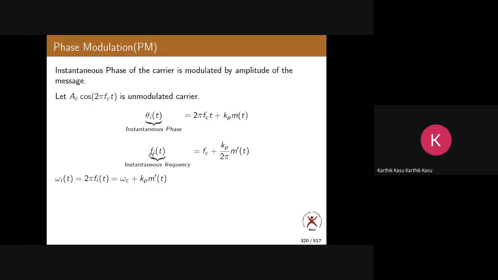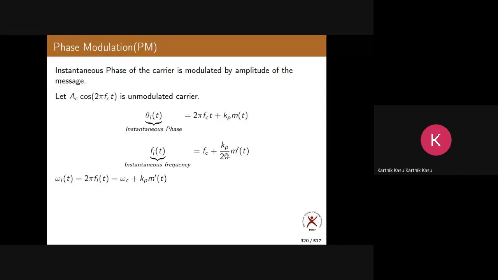Instantaneous phase and instantaneous frequency are related: frequency is nothing but the differentiation of phase. Differentiate this theta i of t with respect to t. What do you get? 2 pi fc plus kp m dash of t. Then divide by 2 pi.